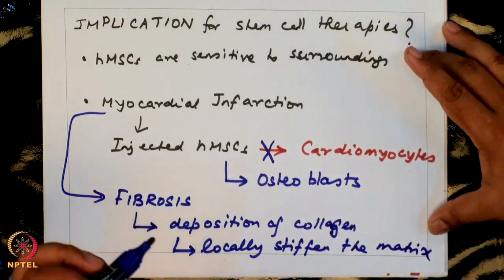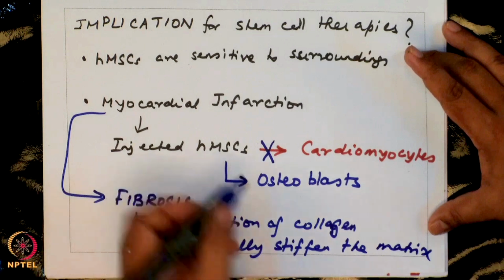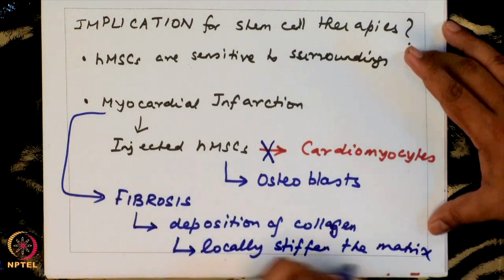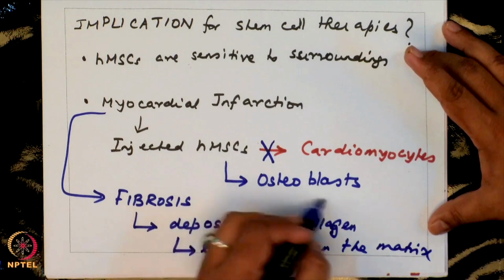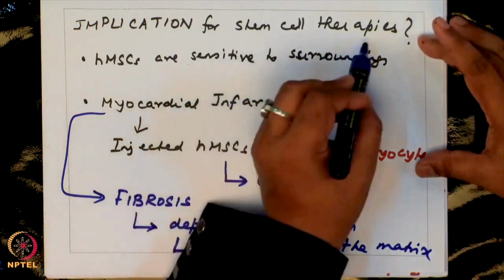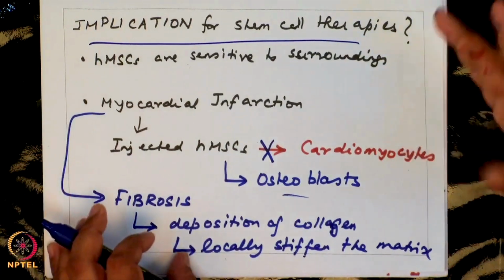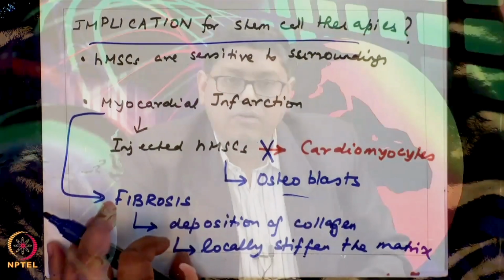Consistent with this study, HMSCs would then think that they are in a stiffer environment and they will differentiate into osteoblasts. So, this is of key relevance. The implication for stem cell therapy is humongous. You cannot just inject stem cells anywhere and expect them to differentiate into the appropriate cell type that you want.